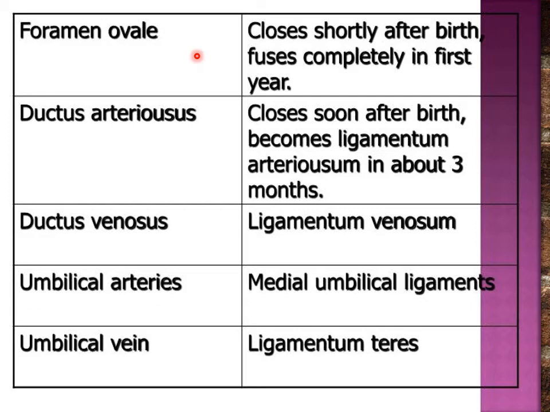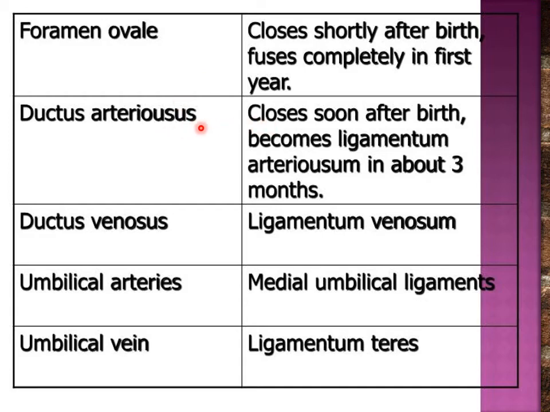Because of the increase in pressure on the left side, the septum primum approximates with the septum secundum, and it completely closes the foramen ovale. This foramen ovale closes, and then it becomes the adult remnant. You have seen it in the posterior wall of the right atrium as the fossa ovalis.